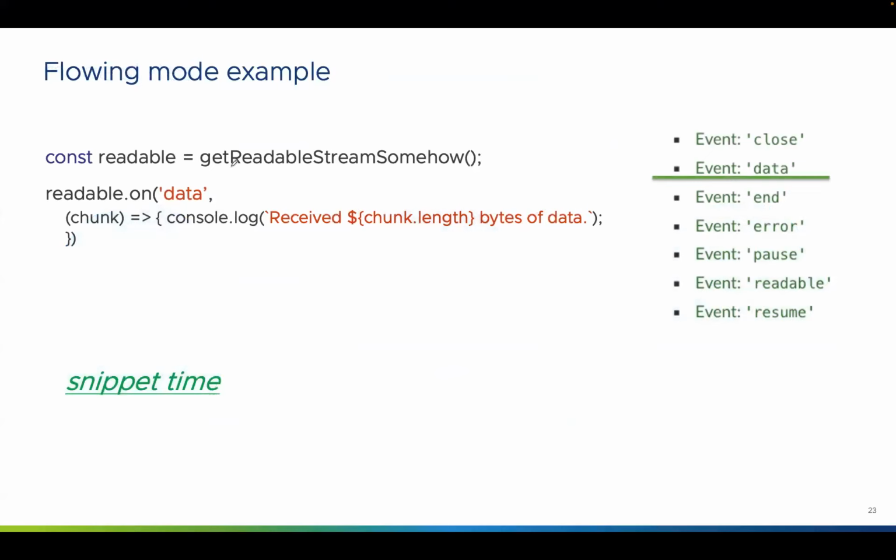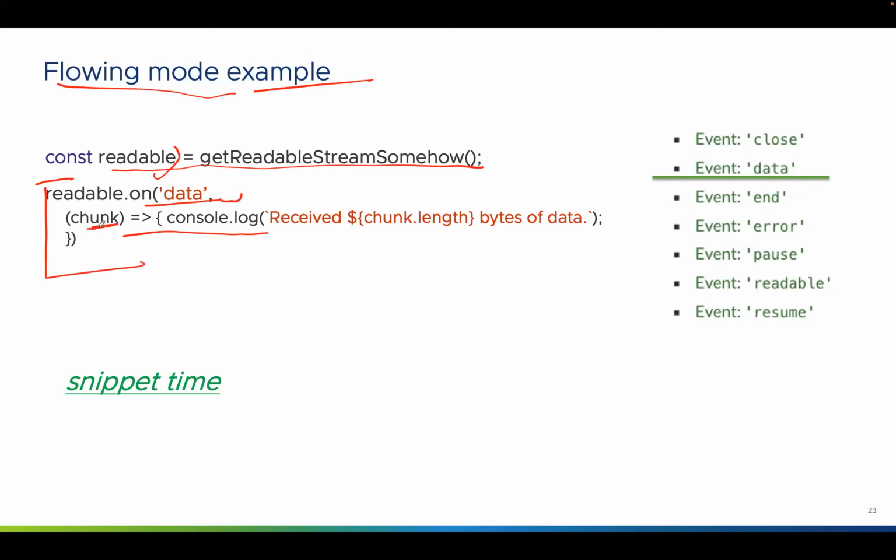If we want to finish some tasks in flowing mode, here's an example. We grab a readable stream as an instance, define a data event, and give it a callback.